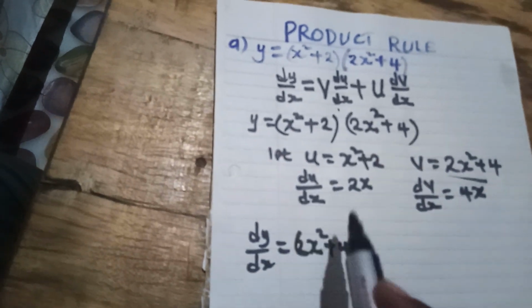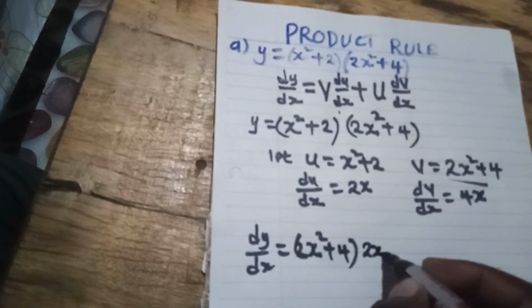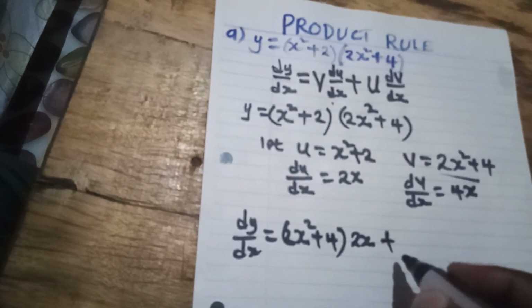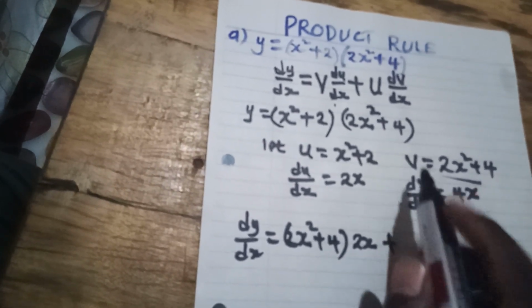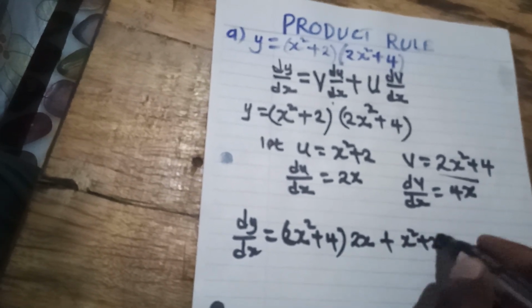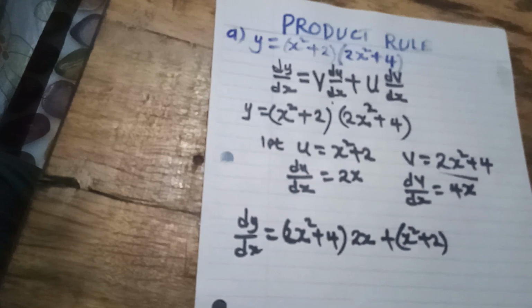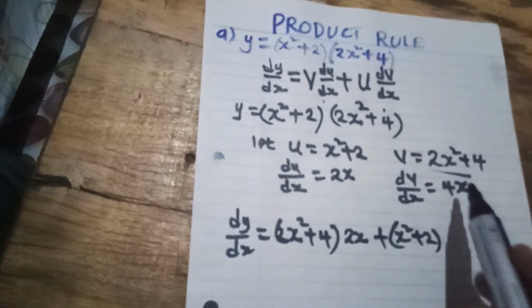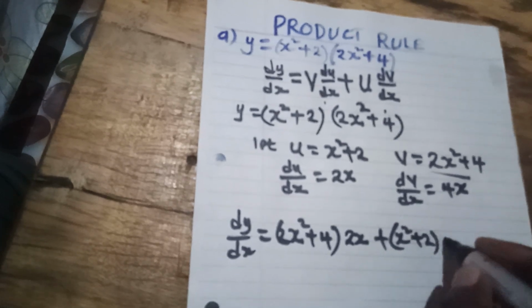Our du over dx, we got it as 2x. Then plus we have the value of u. Our u was x squared plus 2. Then dv over dx. Our dv over dx was 4x.